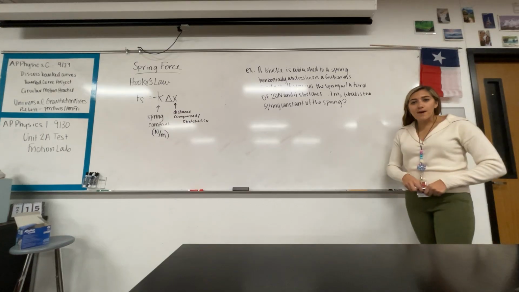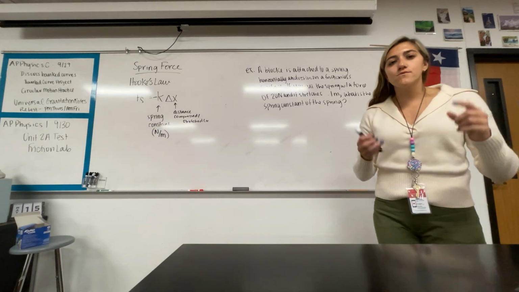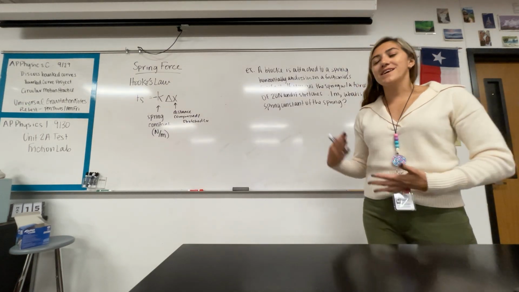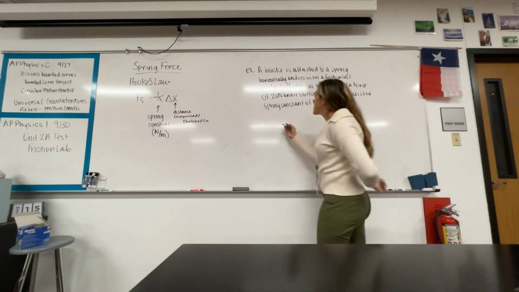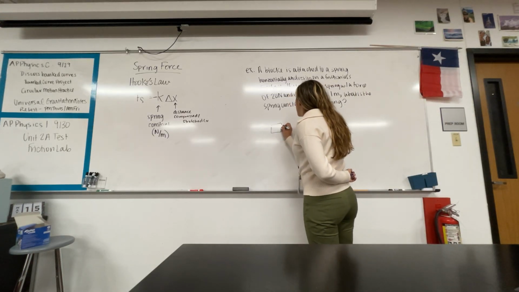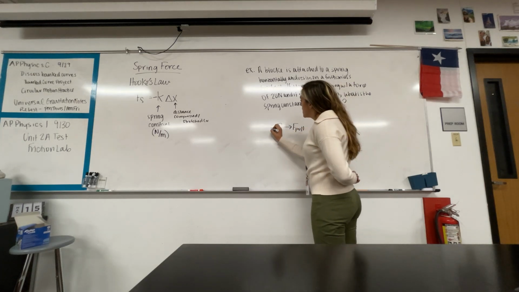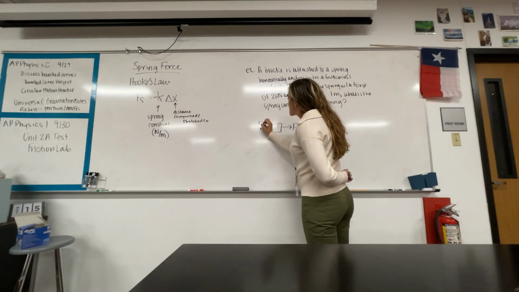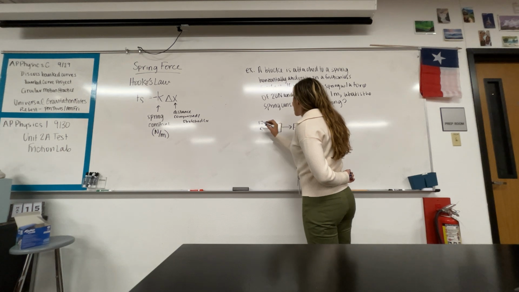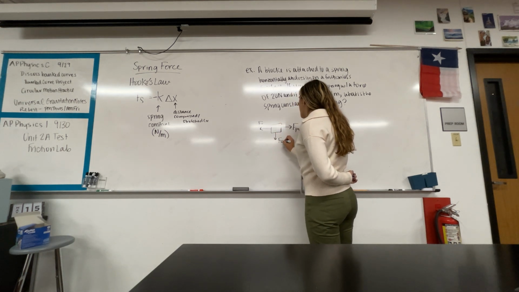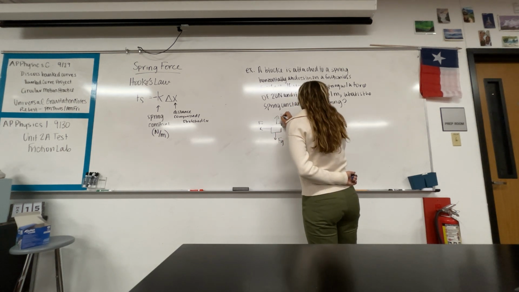So just like we do for every single force question, we are going to draw a free body diagram. So I'm going to assume that I'm pulling on this F pull to the right, and this force of spring is to the left. So I've got Fg and Fn.